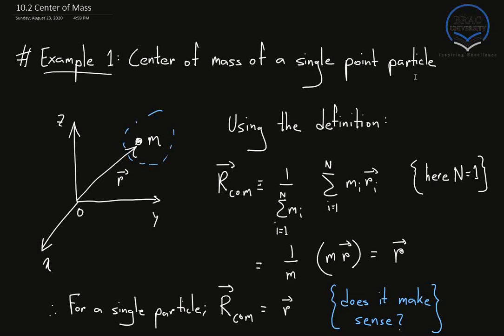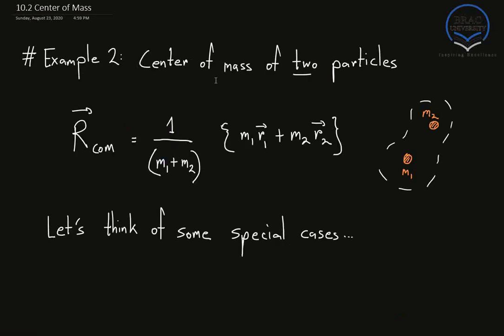So now that we have seen the trivial example of the center of mass of a single point particle system, of course, the next thing we consider is the center of mass of a system of two particles, a well-defined closed system of two particles with masses m1 and m2. Of course, the definition of center of mass gives you RCOM equal to 1 over the mass of the whole system, which is just m1 plus m2, into m1r1 plus m2r2.